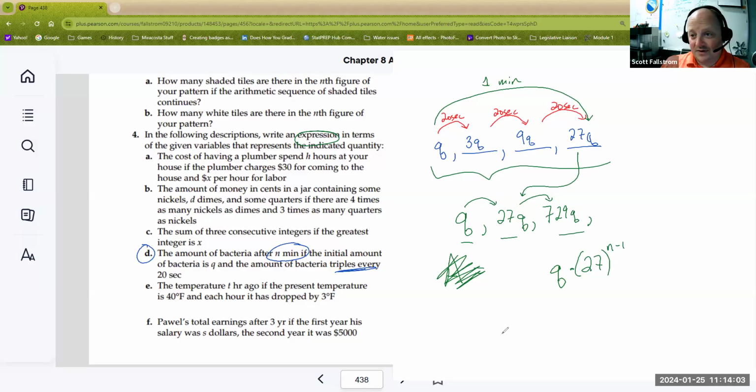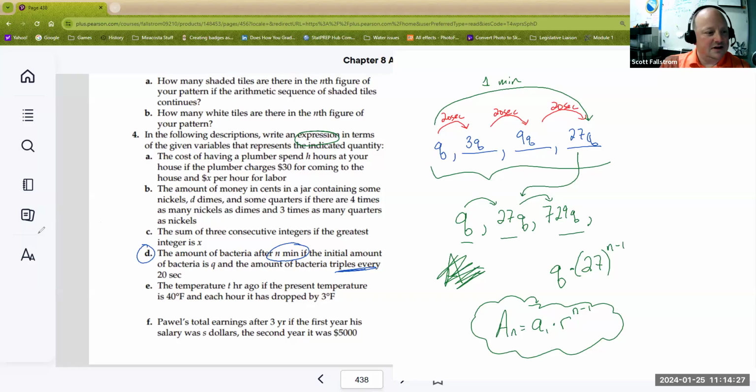And that comes from the geometric sequence: the nth term is a1 times r to the n minus 1. I'm just using that because I noticed every minute it's multiplying by 27. Okay, there we go.